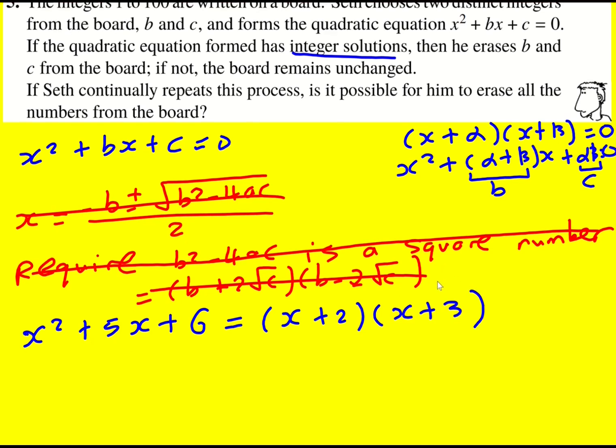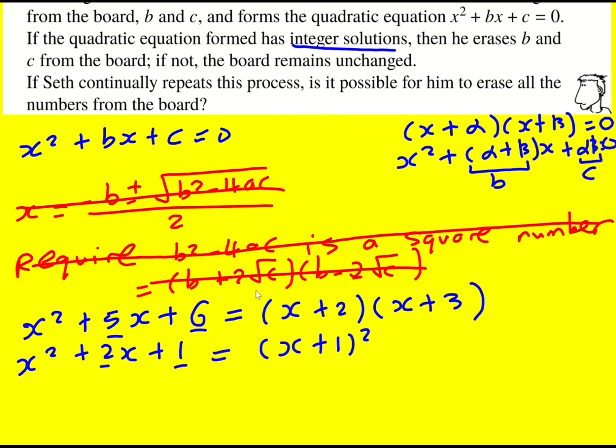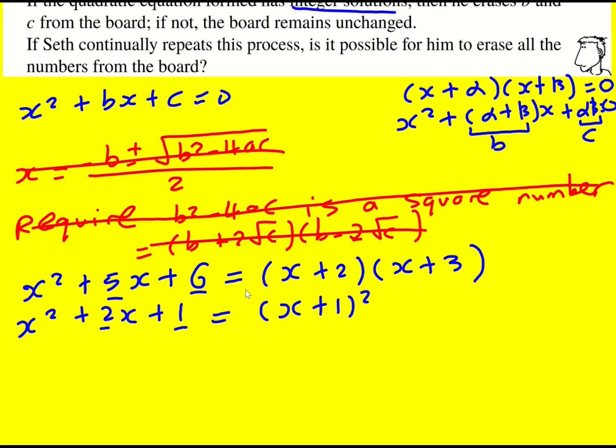And that got me thinking, okay, x squared plus 2x plus 1 is then x plus 1 squared. So I've managed to get 5 and 6, which are consecutive, and 2 and 1 that are consecutive. So can we get some more? Is there a way to do this where the numbers are consecutive?